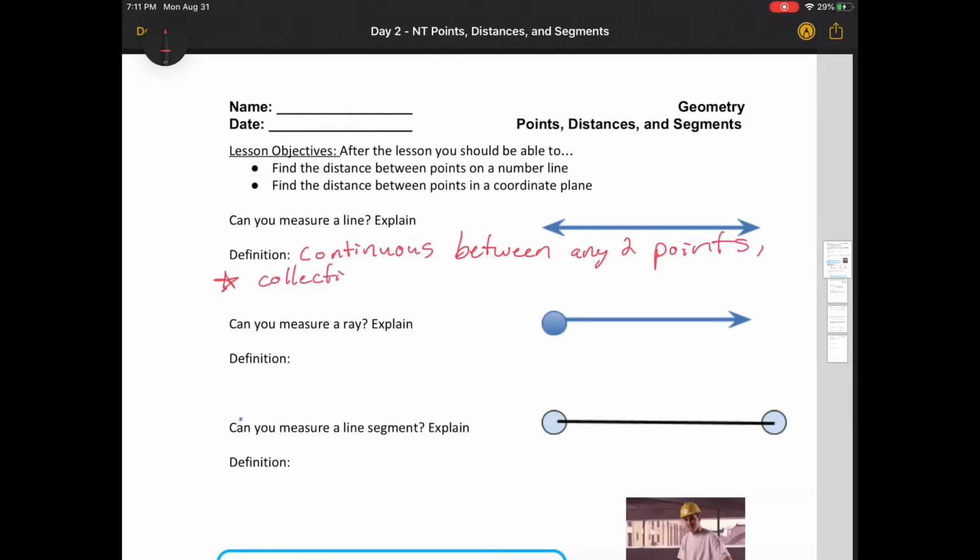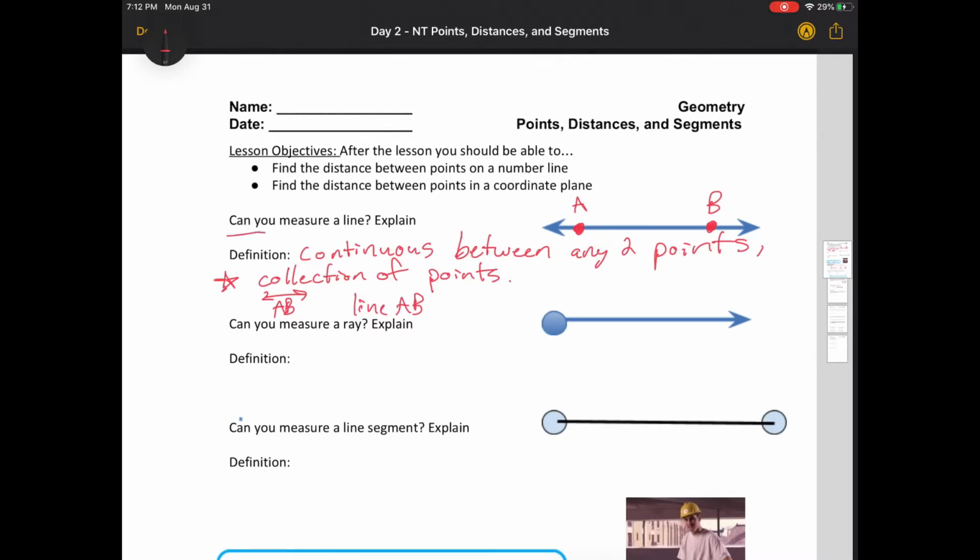Like I just said, it could be more than just 2 points. It's a collection of them because we could draw an infinite amount of them on the line. But let's pretend we had 2 points on this line, A and B. So just to review, we would name this line AB like this. You could say line AB. But again, remember, it's continuous in both directions.